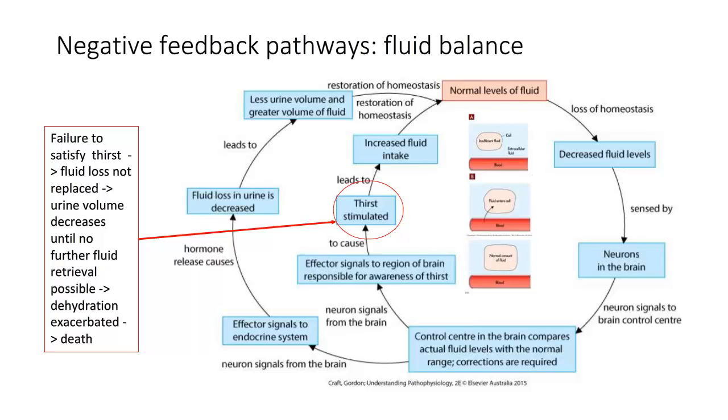And so what the brain then does is trigger the thirst center, and by triggering the thirst center we will go and drink. What it also does though is cause the hypothalamus to tell the pituitary to release hormones that will help us retrieve fluid.